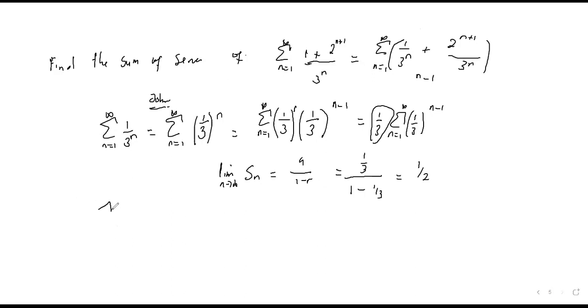The second piece, n equals 1 to infinity of 2n over 3n. So first I will reduce the other one to 2 so that we get 2n/3n, which you can write as (2/3)n, like that.